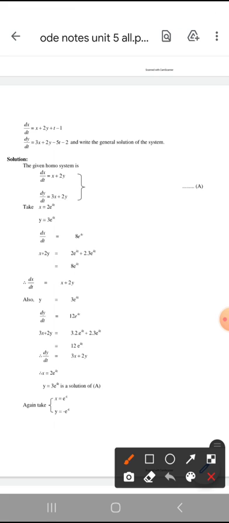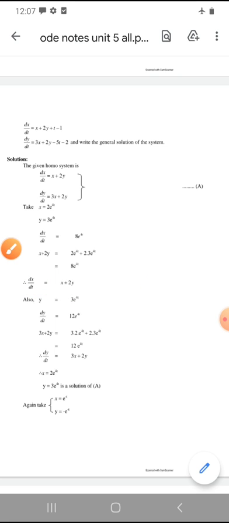Now we have a conclusion that dx/dt is equal to x + 2y.